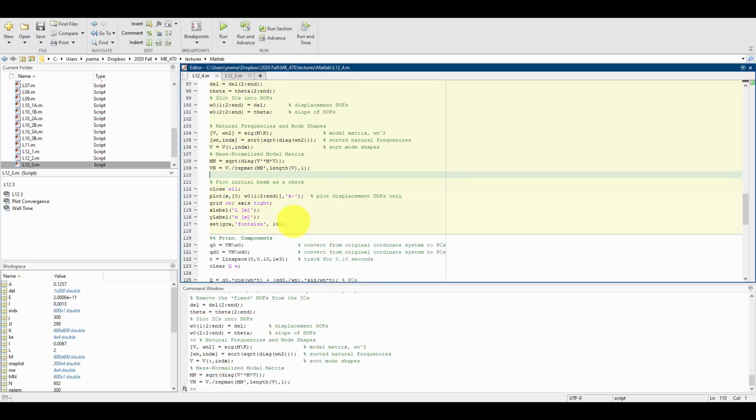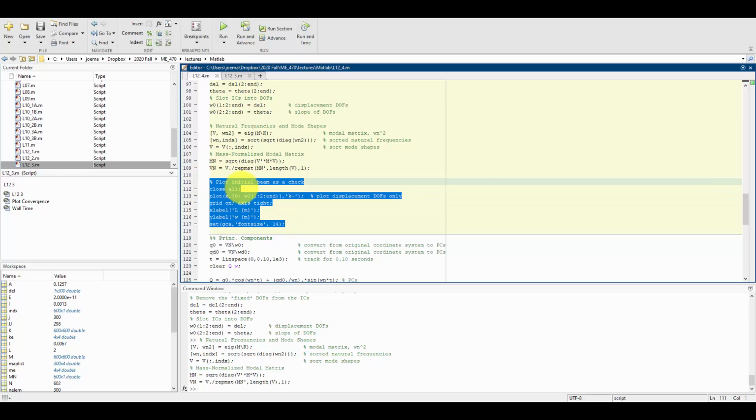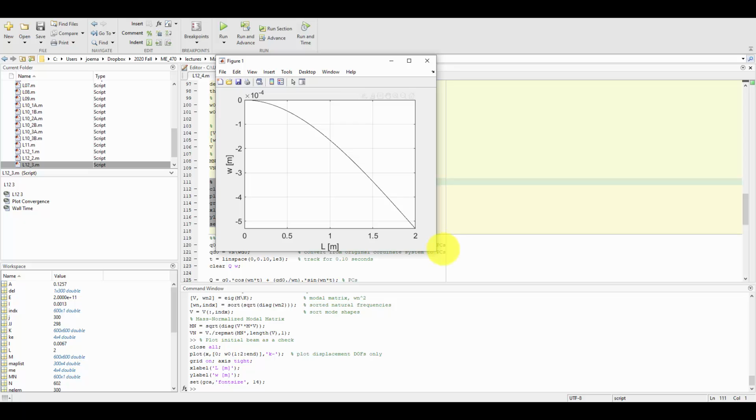I do here, as a check to make sure my degrees of freedom are allocated correctly, plot my initial beam in the static position to make sure I didn't accidentally count an angle as a vertical deflection or vice versa, which again can be easy to do by accident because I'm eliminating some of my degrees of freedom that are fixed, and then I have to fill in odd values and even values. So this is just an initial check to make sure it seems to make sense.